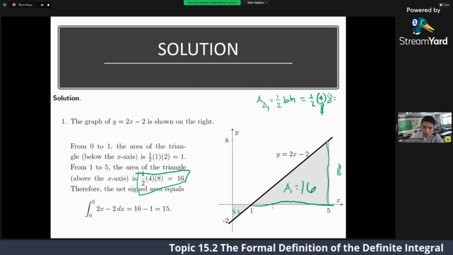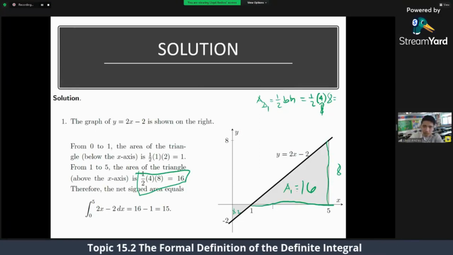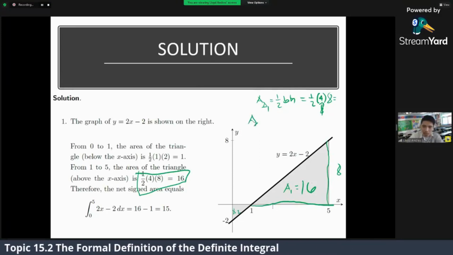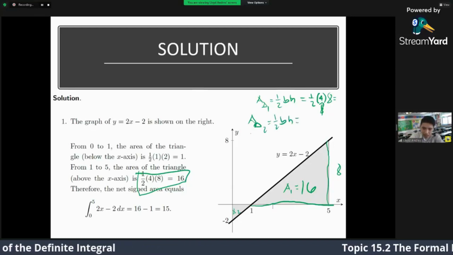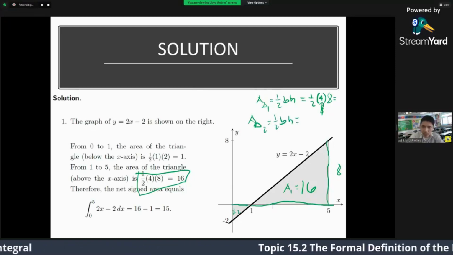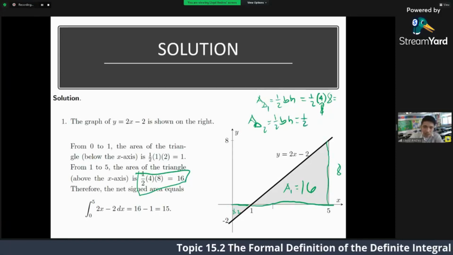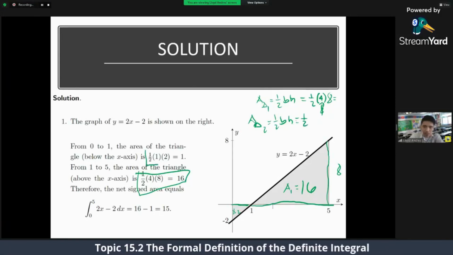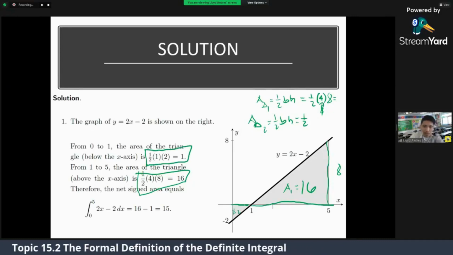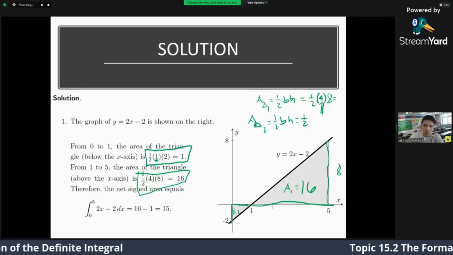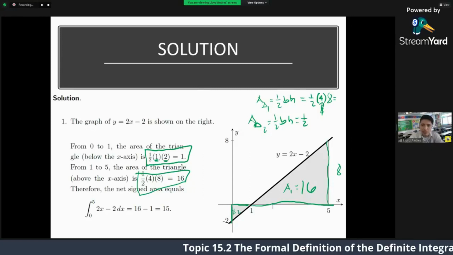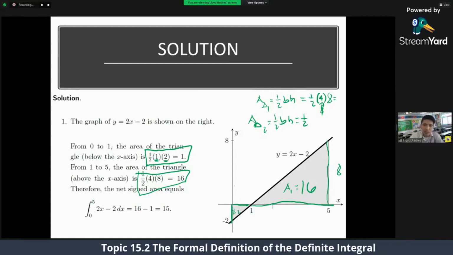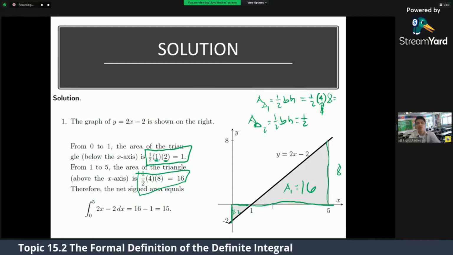For the one below, area 2, the area of triangle 2 is 1/2 base times height. The base is 1 unit, so 1/2 is the base. The height is 2. We don't use the negative sign because height is a positive value.